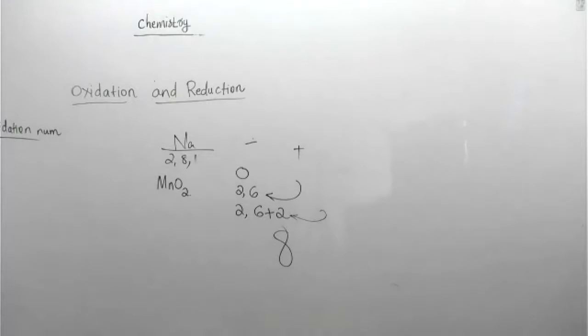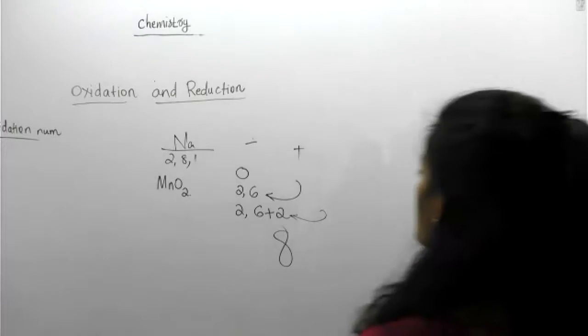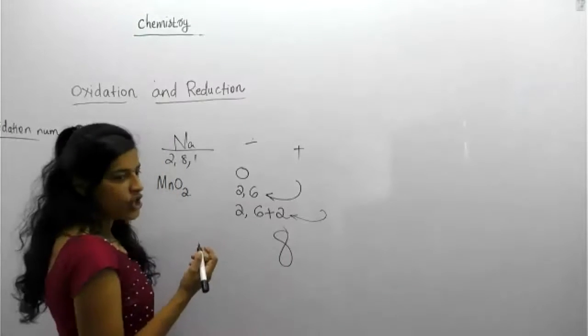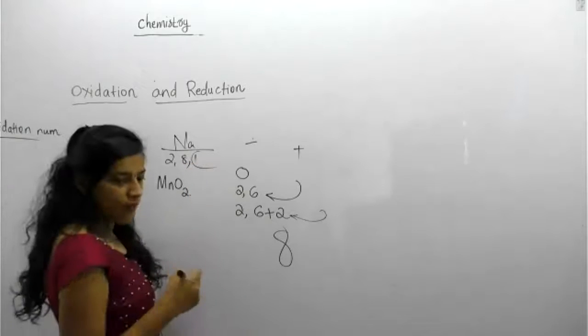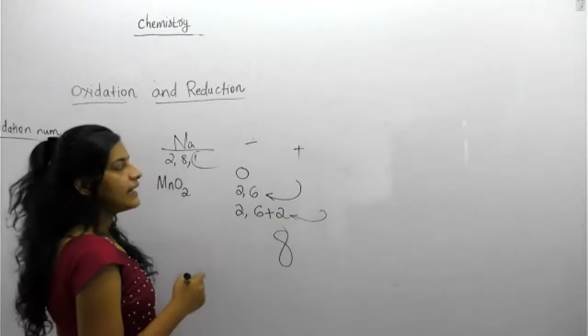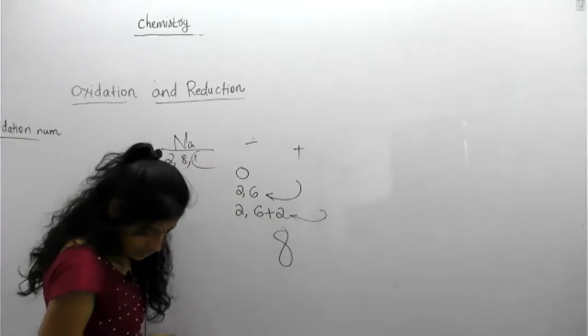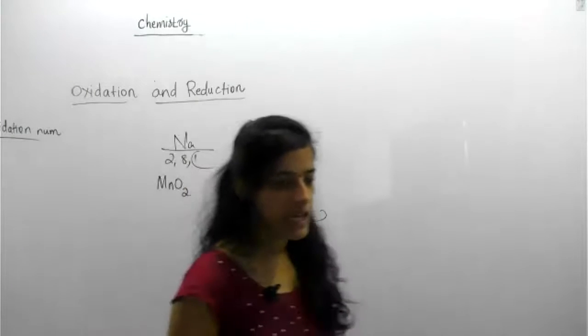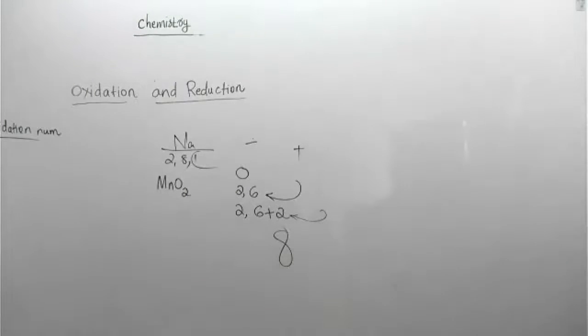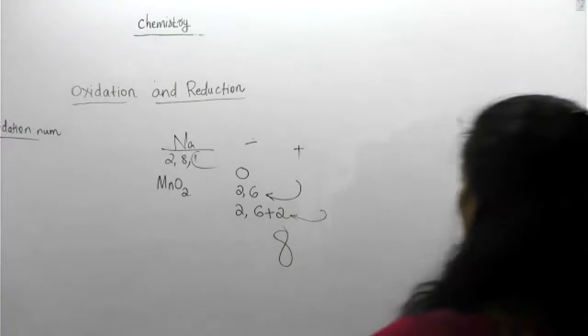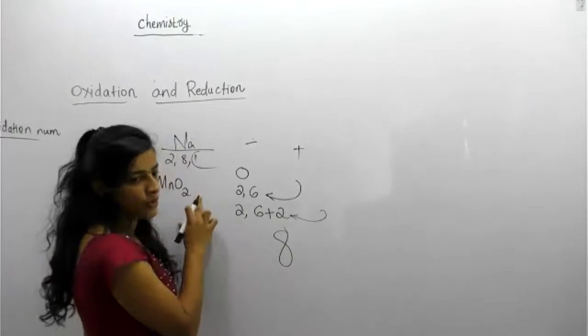Tell me, students. Remove. It will remove an electron. After removing an electron, does it have a positive or negative charge? It will get a positive charge. So how much positive charge? How many electrons are removed from sodium?